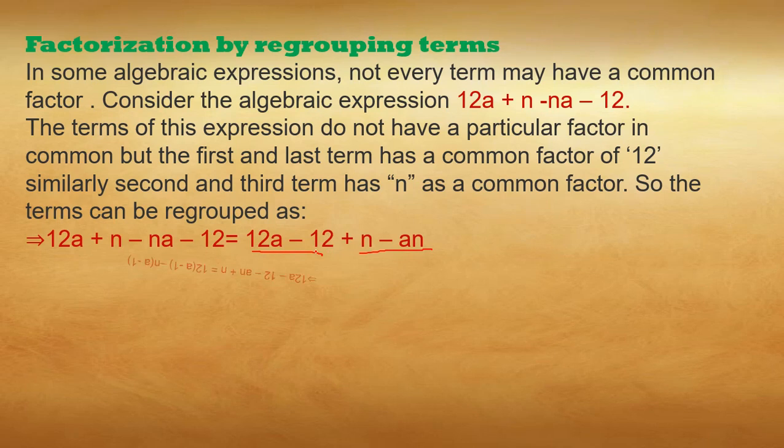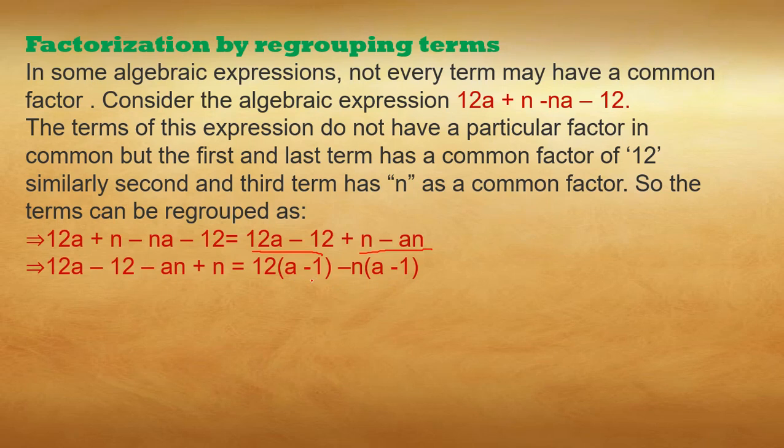From the first and second terms we take 12 common, so the rest is a - 1. From the third and fourth terms, if we take n common, we get n(-a + 1). But in the first bracket it is a - 1, so we take minus also common from the third and fourth terms: minus n, and we get a - 1.